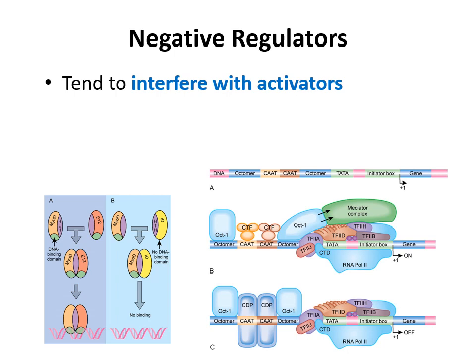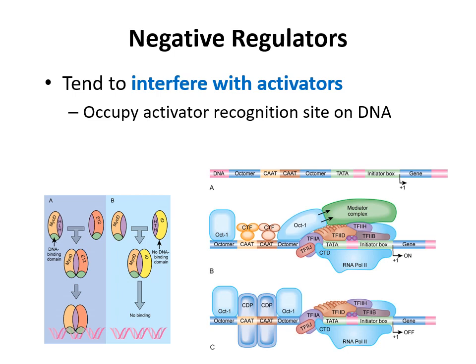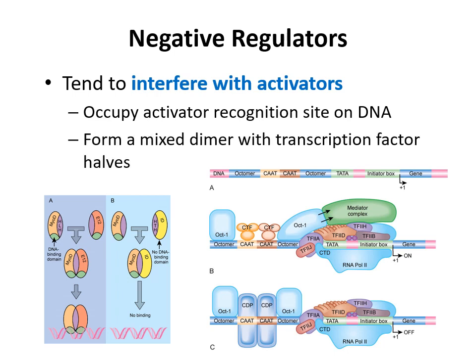Now, the two ways that negative regulators tend to work is either by directly blocking the activator by taking up the recognition site on the DNA, or by interfering with transcription factors.